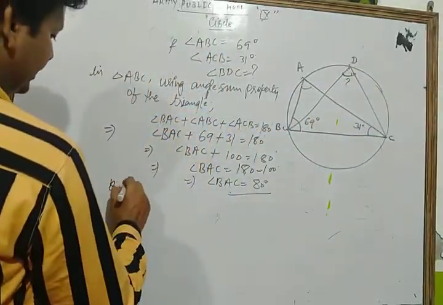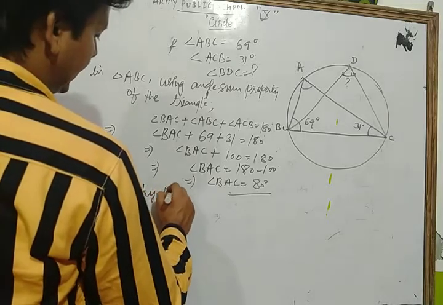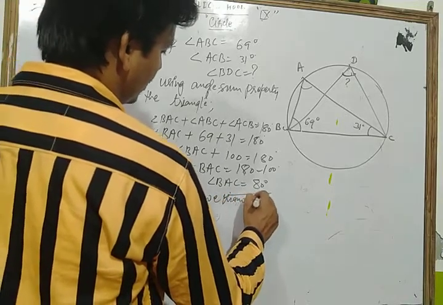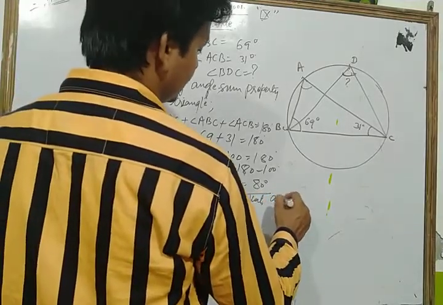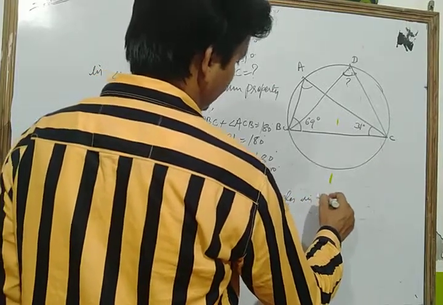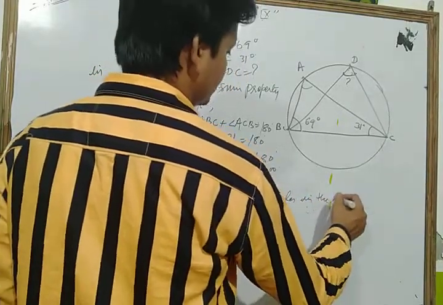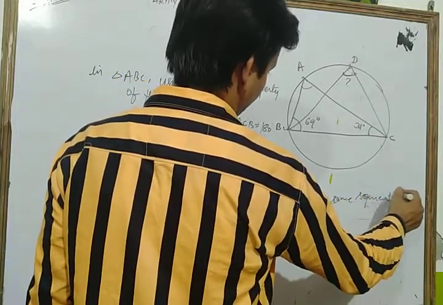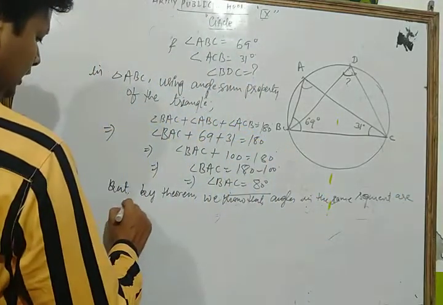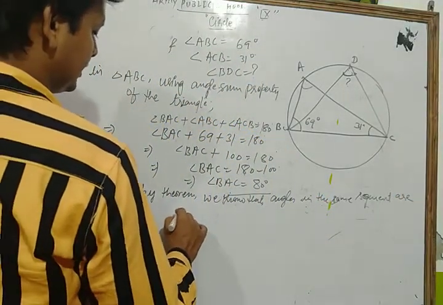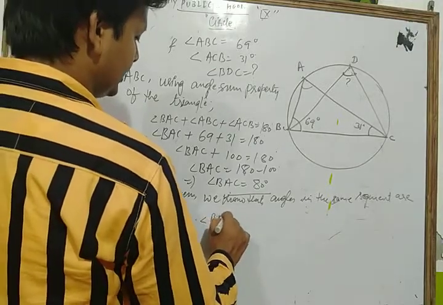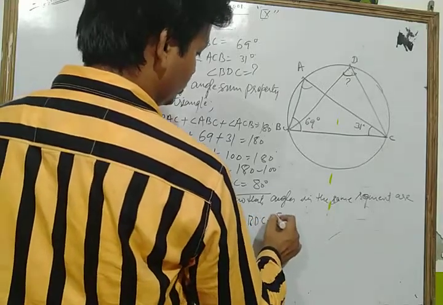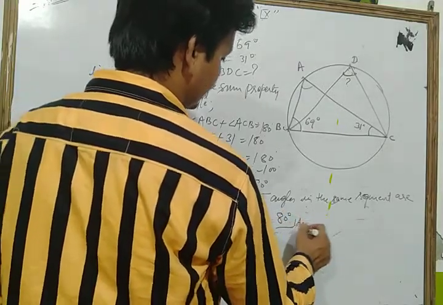But by theorem we know that angles in the same segment are equal, that is angle BAC is equal to angle BDC, each equal to 80 degrees. This is your final answer.